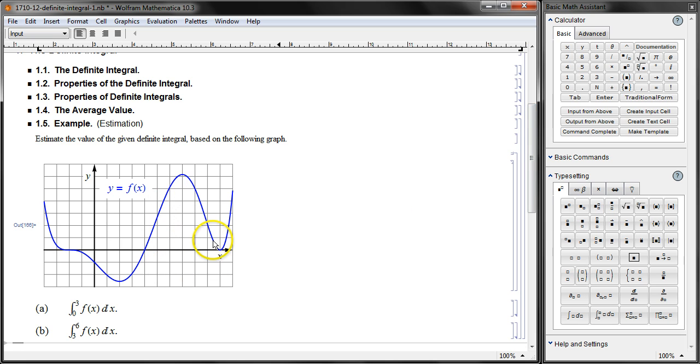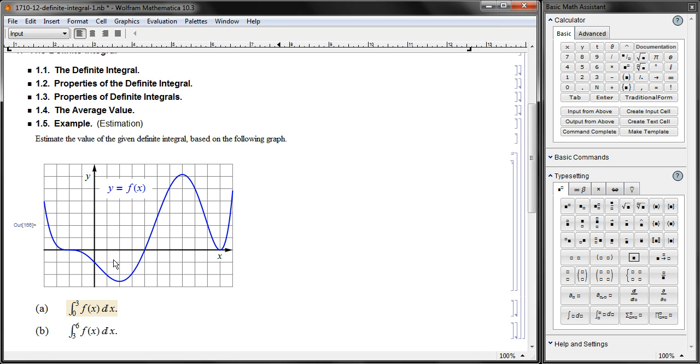Here's a graph, and then let's find out an estimated value of this integral 0 to 3 f of x dx. As usual, we're going to assume each grid counts for 1 unit, and here's 0, the origin, and x equals 3 is over here. And then in this interval, the graph is down below, so this integral value will be negative.